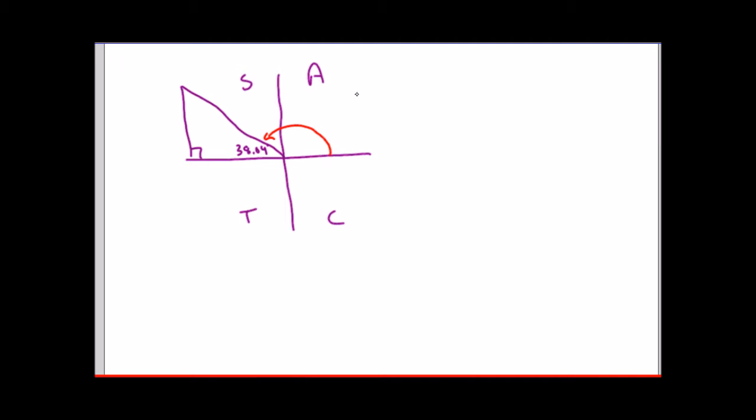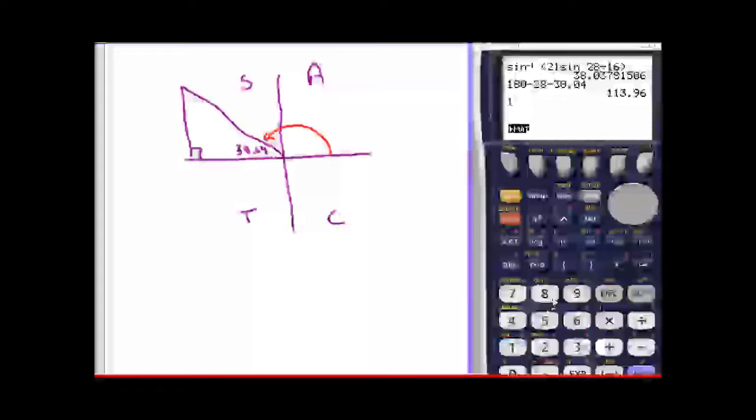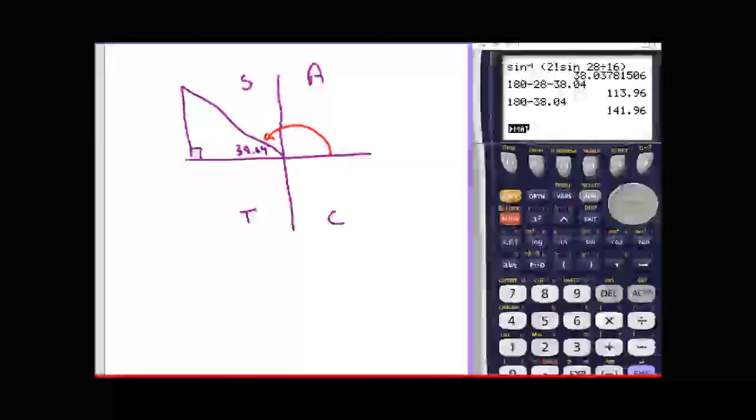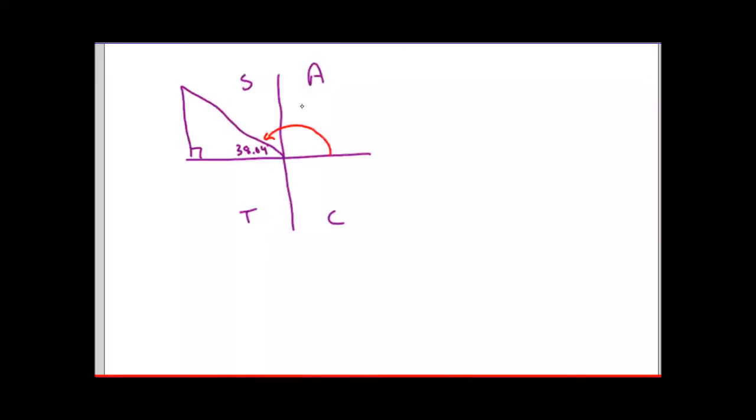And now we want to find this angle. So we do 180 minus 38.04. Look what I get, 141.96. So the angle could also be 141.96 degrees.